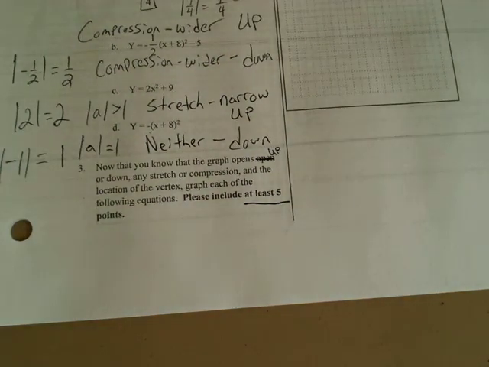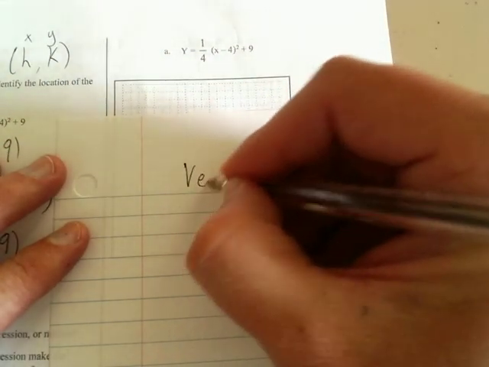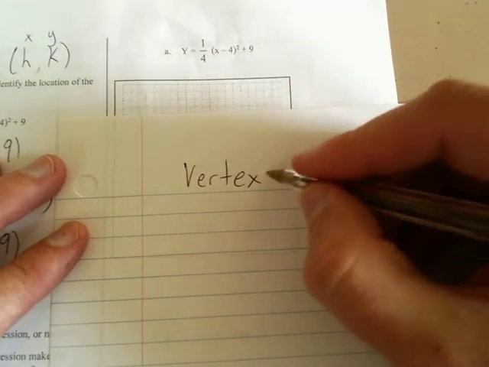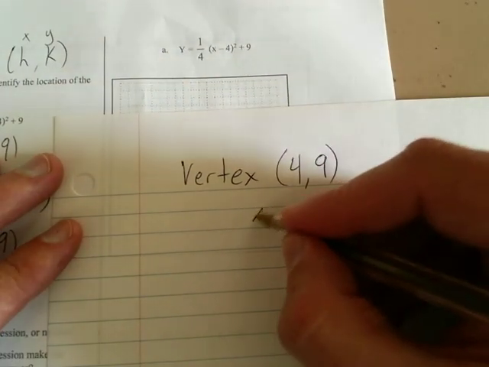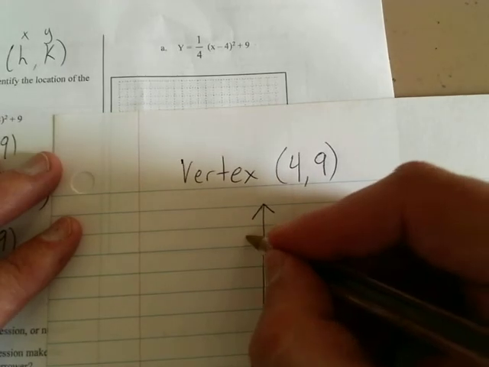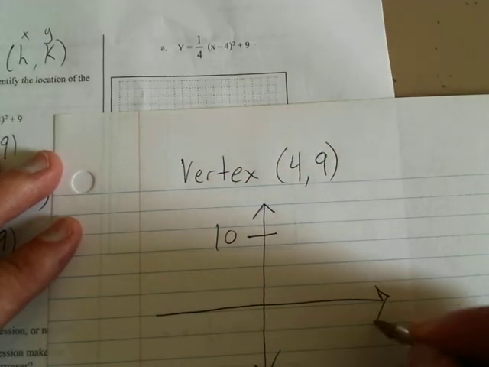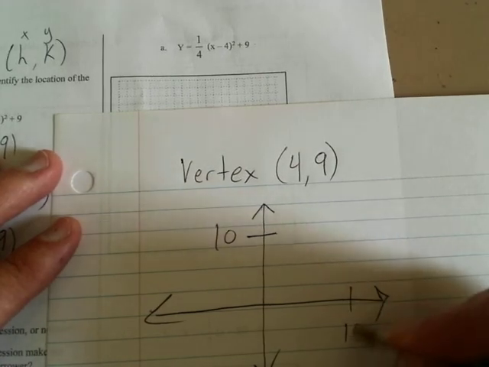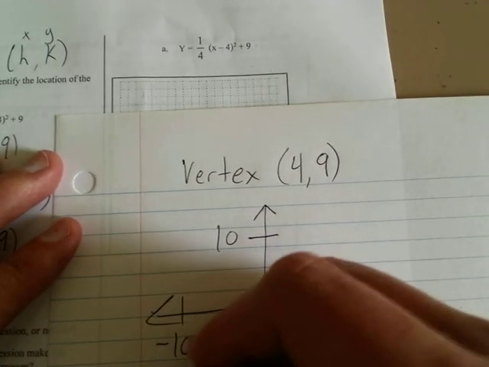Before I start graphing A, we've already worked on A a little bit. We know that the vertex is located at (4, 9). A lot of times in class we have graphs that go up to 10, out to 10, down to -10, and out to -10.